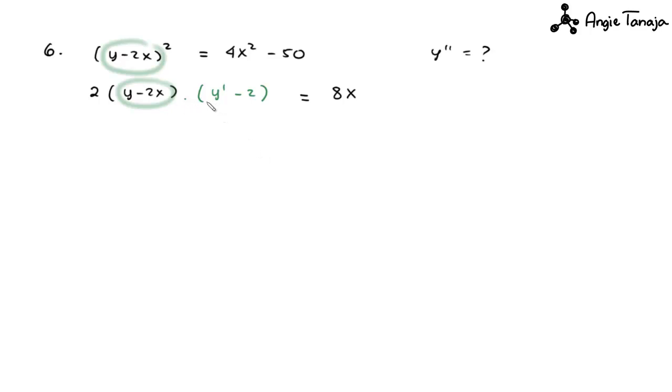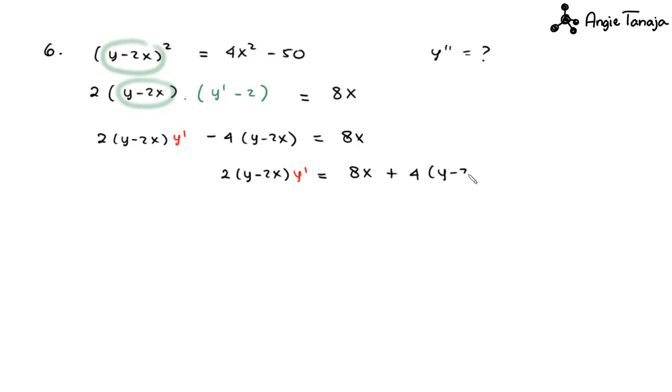And then, yeah, let's try to expand this. So this become 2y minus 2x y prime minus 4 y minus 2x equals 8x. So then 2y minus 2x y prime equals 8x plus 4 times y minus 2x.